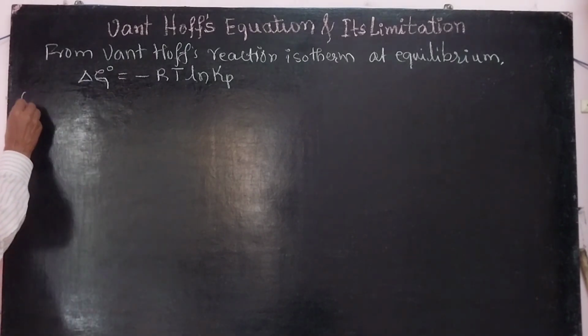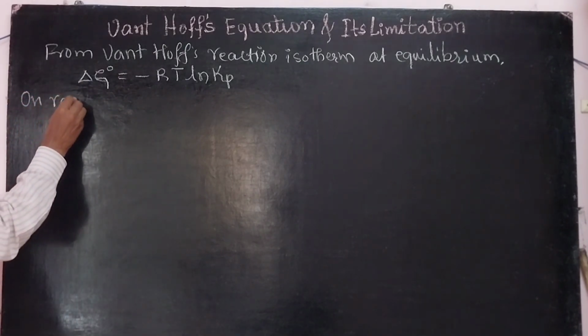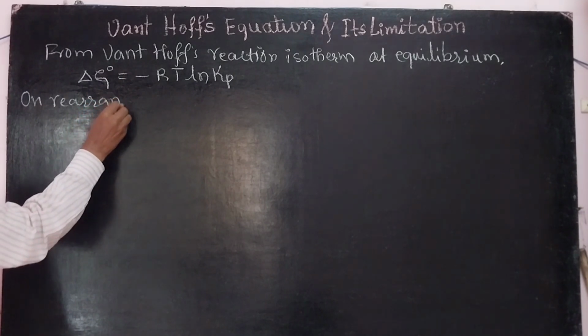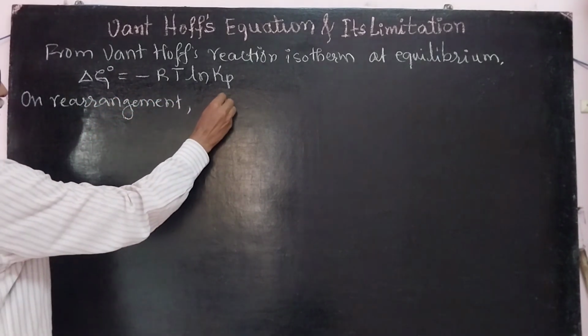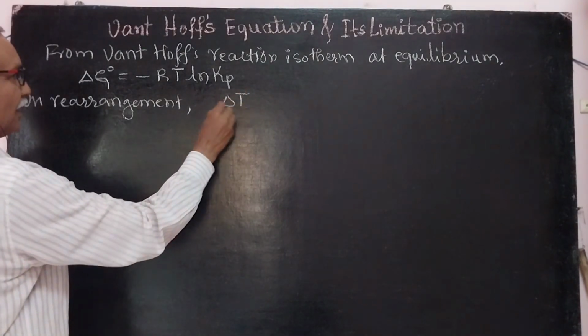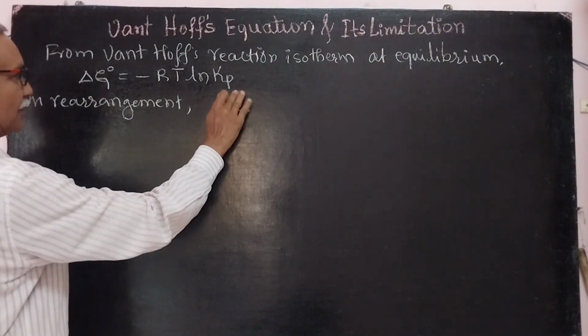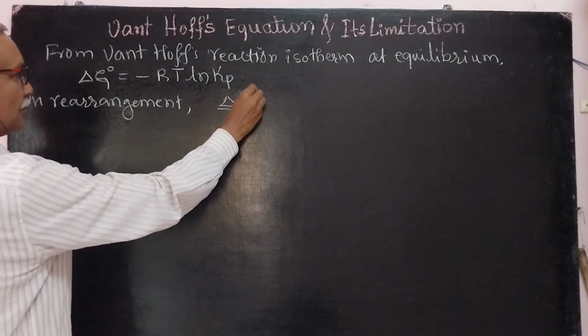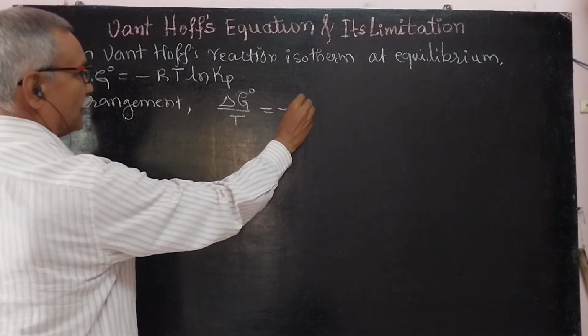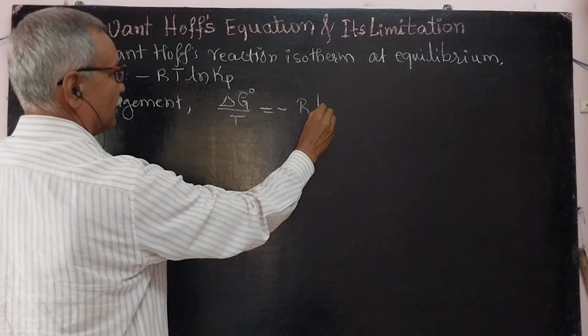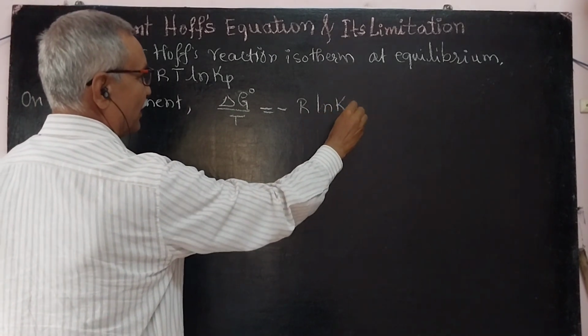On rearrangement, we get delta G naught divided by T is equal to minus R ln Kp.